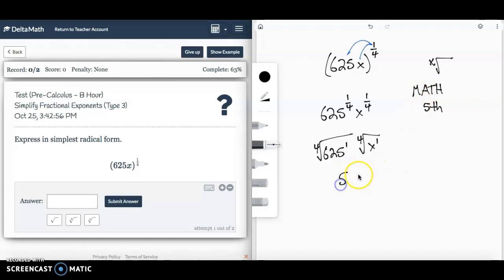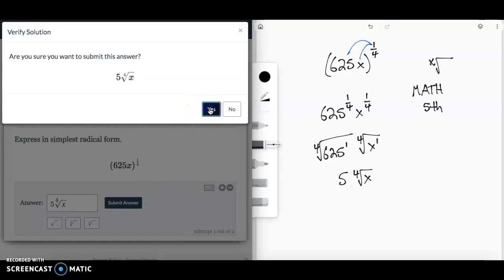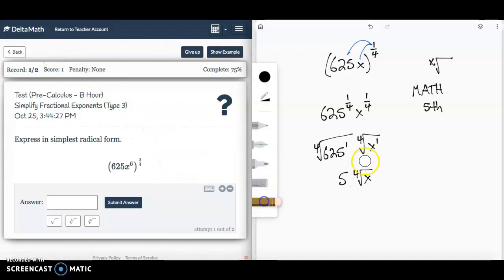And we get 5 times the 4th root of x. And this button lets me type in an actual index for my root. There we go. All right, let's try one more.